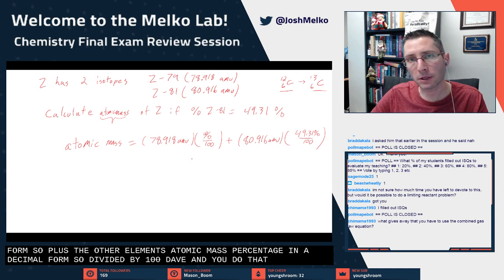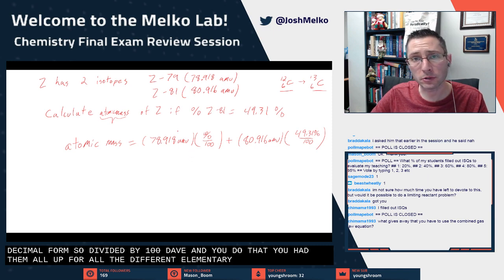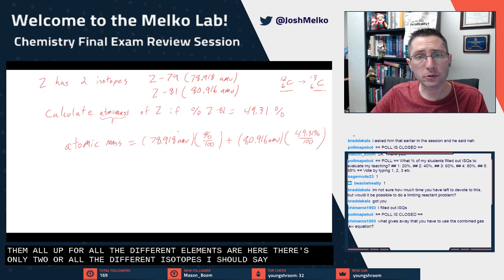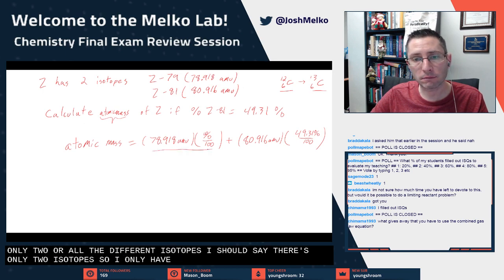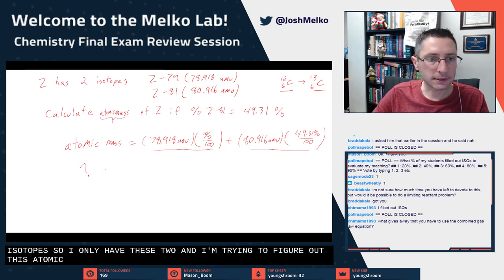You add them all up for all the different isotopes. Here there's only two isotopes, so I only have these two. And I'm trying to figure out this atomic mass.